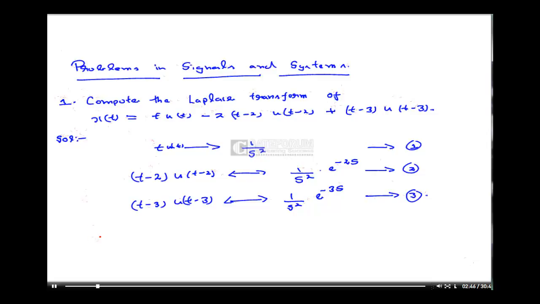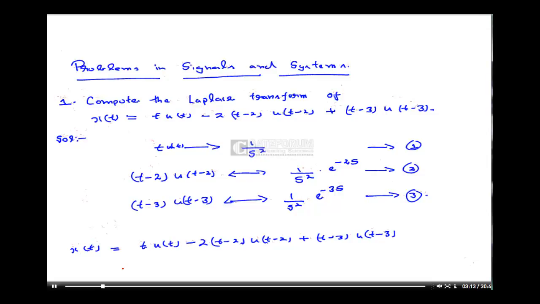Now, by looking at the question, the given x(t) is t u(t) minus 2 times (t minus 2) u(t minus 2) plus (t minus 3) times u(t minus 3).